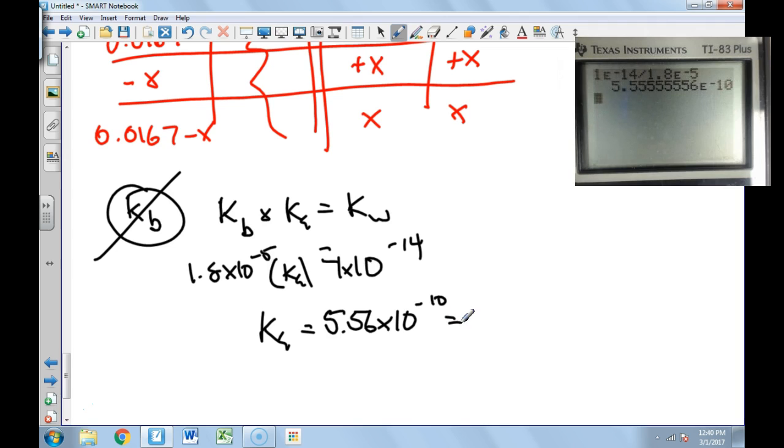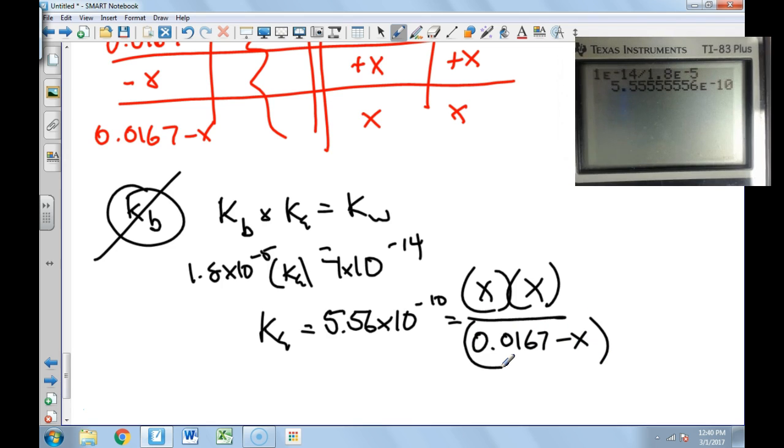Okay, and that is equal to products, x times x, over reactants, 0.0167 minus x. So now we're going to assume that this is out of there because of the 5% rule, and so now we're going to solve for x. So this reduces to x squared over 0.0167.